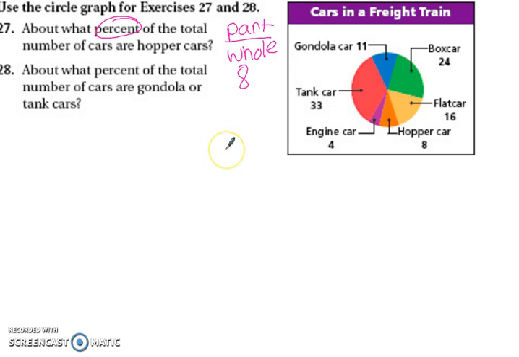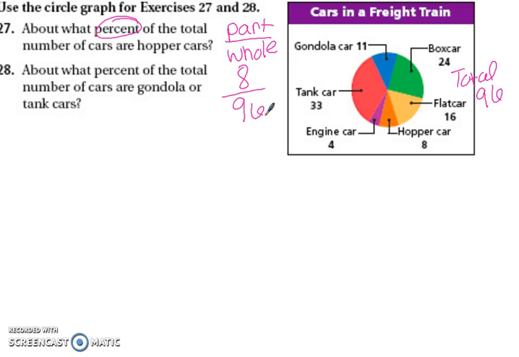I need to add them all up: 8 plus 16 plus 24 box cars plus 11 gondola cars plus 33 tank cars plus 4 engine cars gives me a total of 96 cars. I'm going to double check my math: 4 plus 33 plus 11 plus 24 plus 16 plus 8. Yep, got 96 again.